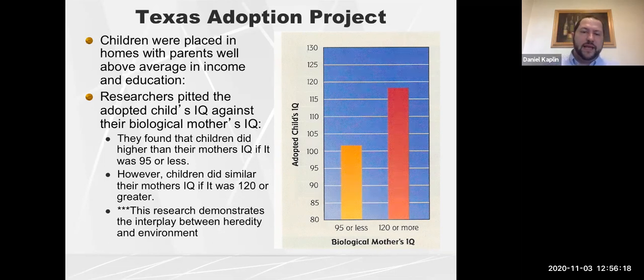So taking a child and putting them in a middle to upper class family, a stable emotional family, that tended to increase the IQ of this child. So for the 95 or below, the IQ changed for the better based on the environment. So that would be the nurture side of the argument. Nature and nurture work together for IQ.